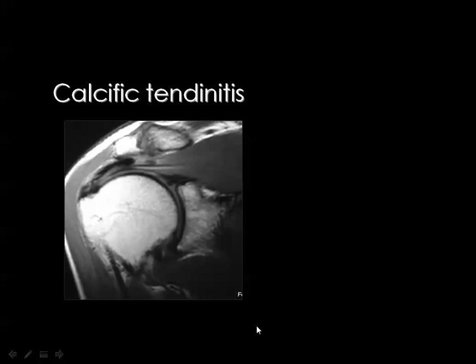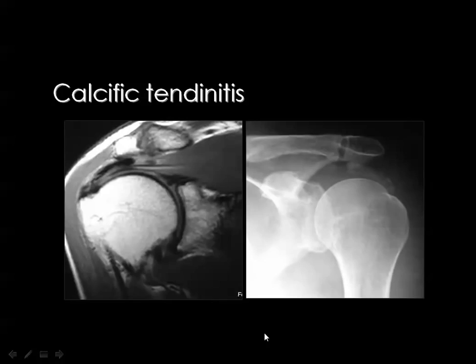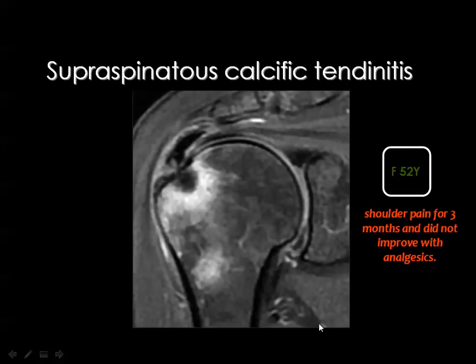And whenever you are suspecting calcific tendonitis in MR images, it's better to have the plain X-ray for this shoulder. Then you can appreciate very easily the presence of calcium within the supraspinatus tendon along its course to the greater tuberosity.